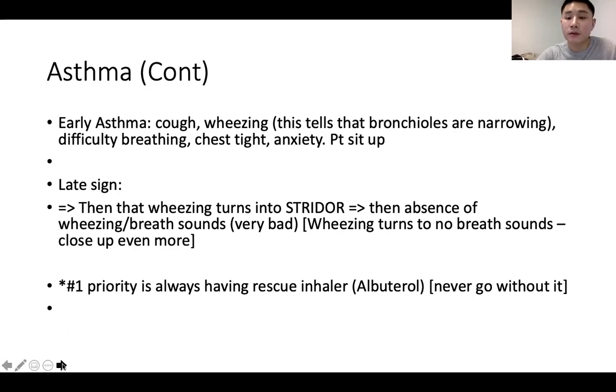Albuterol is a short-acting medication that helps the patient dilate the bronchioles. So the patient should always have a rescue inhaler in possession, so that they can get a puff and dilate their bronchioles.